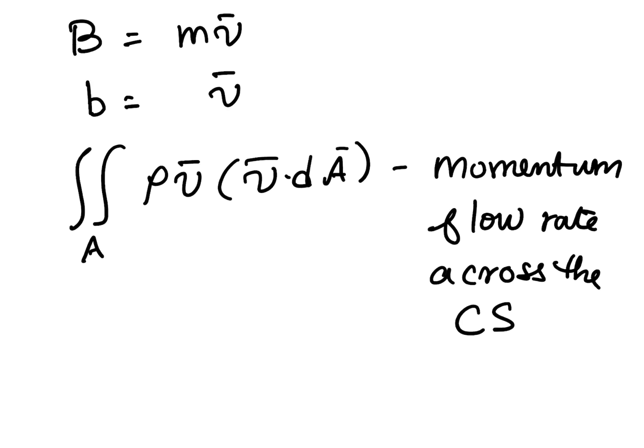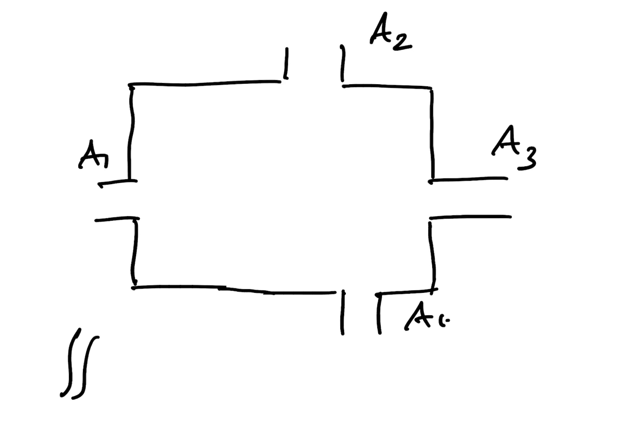Now, you could have a control volume which has multiple inlets and outlets, say A1, A2, A3, A4.